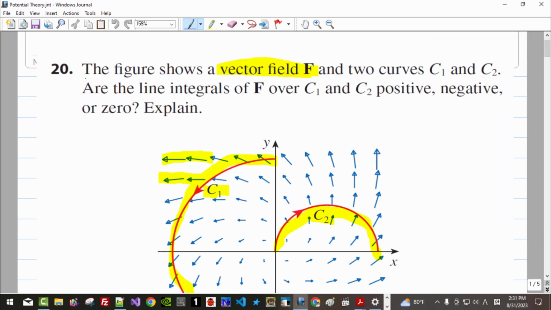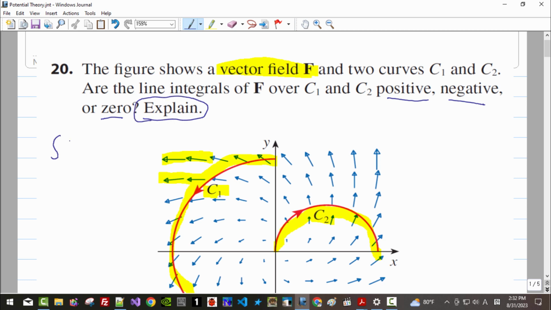The figure shows a vector field F and two curves C1 and C2. Are the line integrals of F over C1 and C2 positive, negative, or 0? Explain.